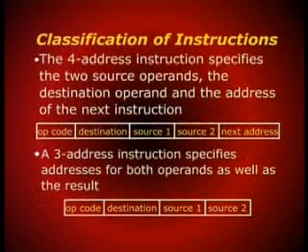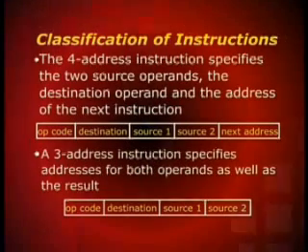The structure of a 4 address instruction would be, for example, 1 byte specifying the opcode. The next few bits would specify the address of destination, and then we will have 2 addresses of operand 1 and operand 2, and the final part of the instruction would specify the address of the next instruction to be executed.